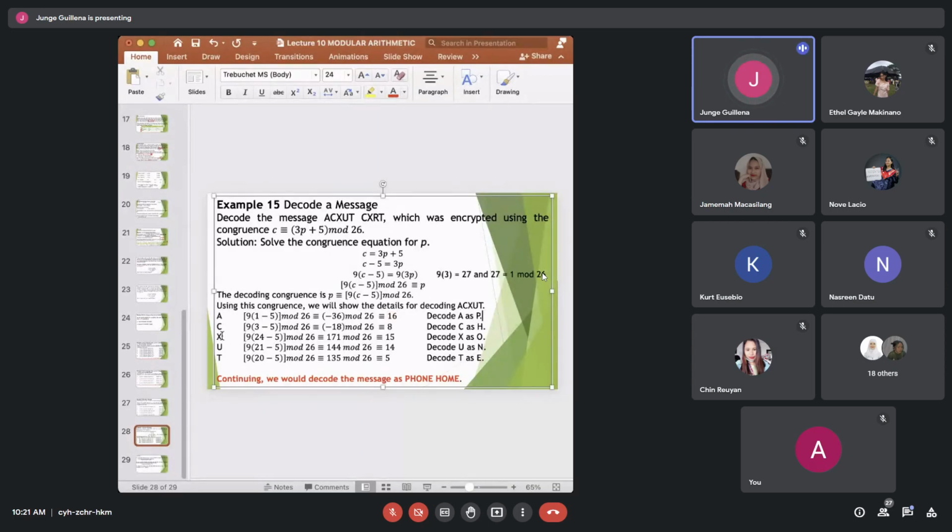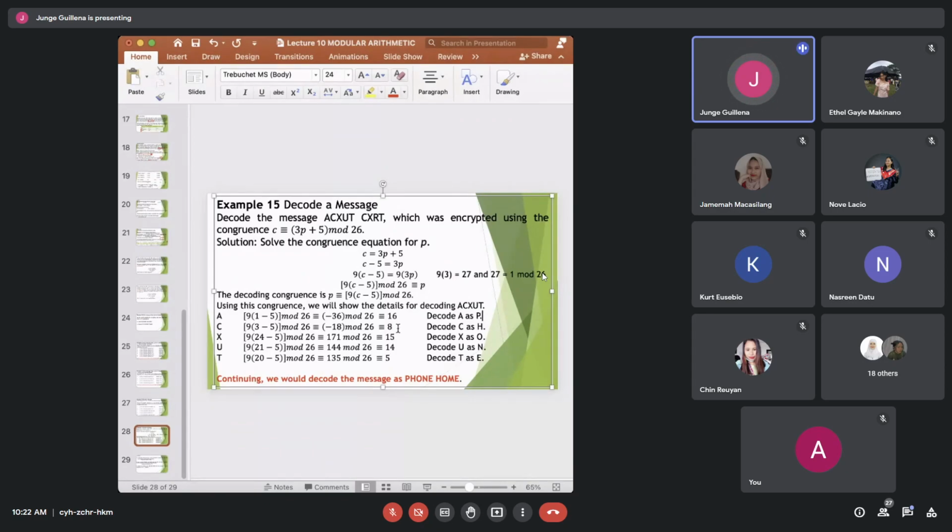Then for letter C, 9 times, the numerical equivalent of letter C is 3. So 3 minus 5 is negative 2, times 9 is negative 18. Again, the difference is negative, so just add 26. Negative 18 plus 26 is positive 8, which is a whole number less than the modulus.